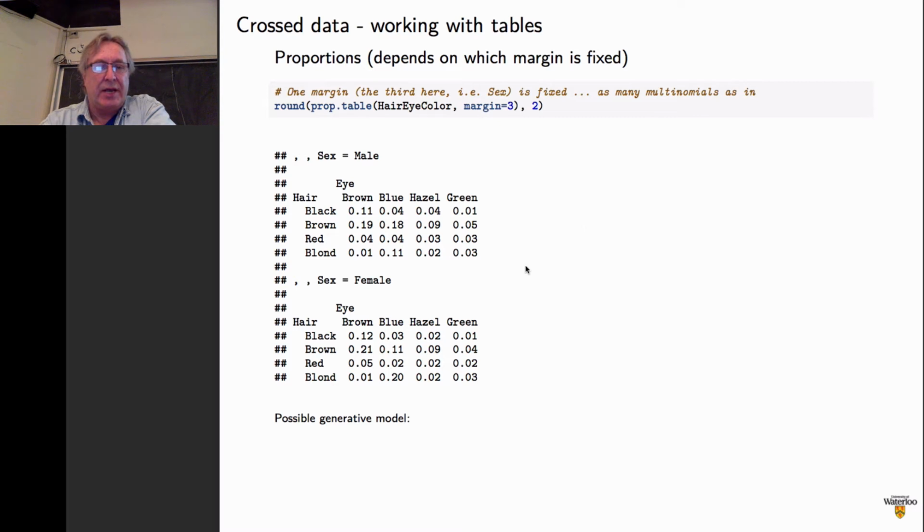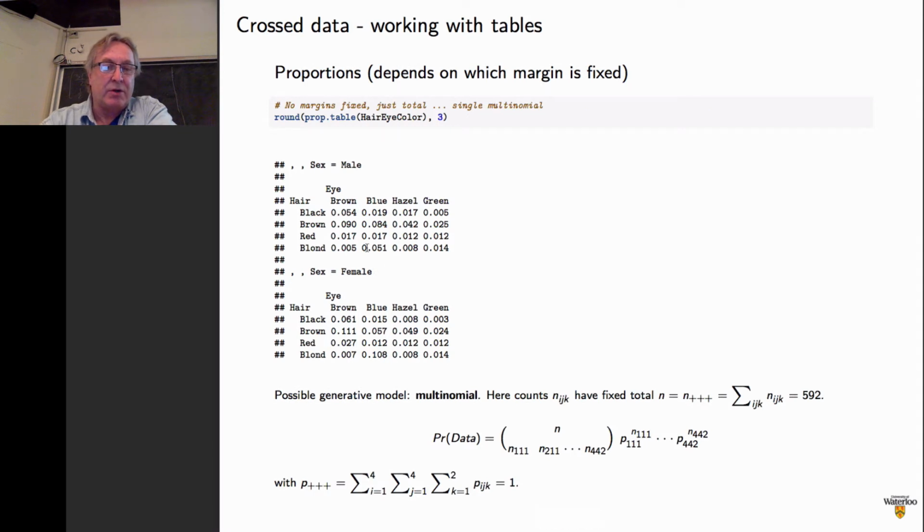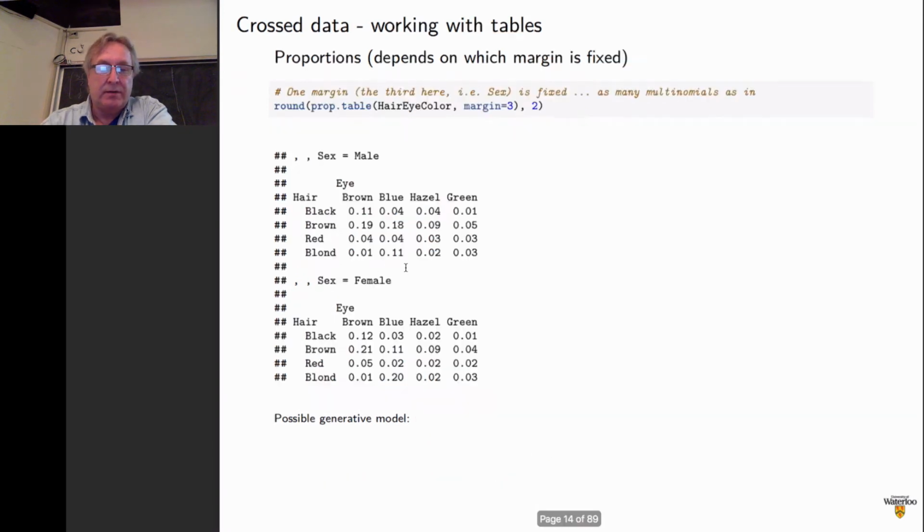Supposing each one of these tables sums to 1, that table sums to 1. I've got a slightly different model. Go back again. See, these numbers are all smaller here, larger here, because the sum of all of these numbers is 2. So think about the sum of these being 1, the sum of these being 1.